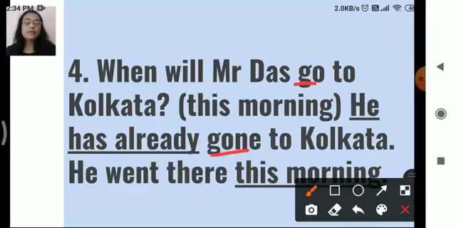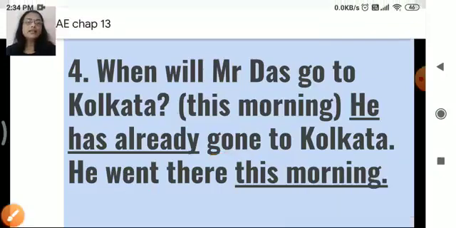But actually the past tense is went. But the past participle will be gone. Again they are different. Okay, they are irregular here. They are different. They are not same. So, what has happened? He has already gone to Kolkata. We have used the past participle first in the first sentence and the second past tense. He went there this morning.